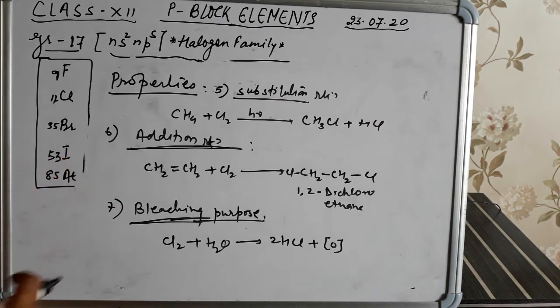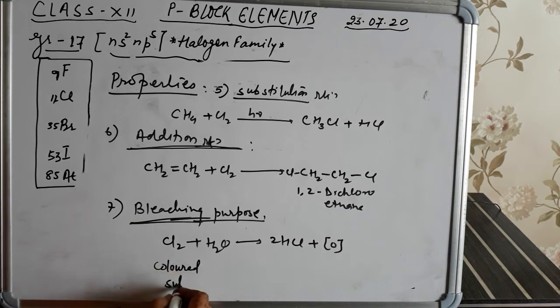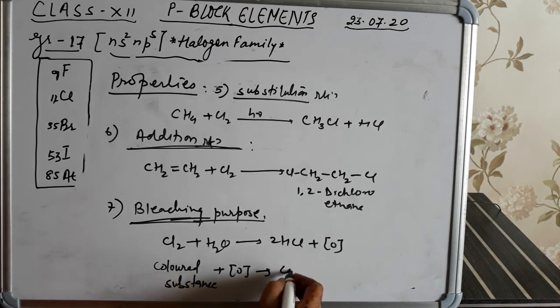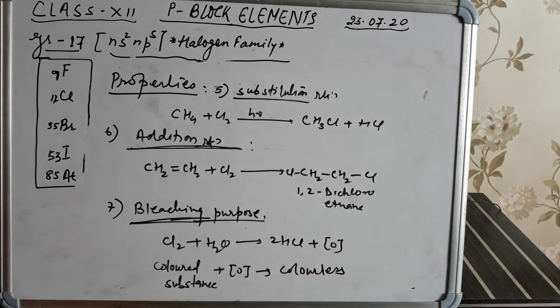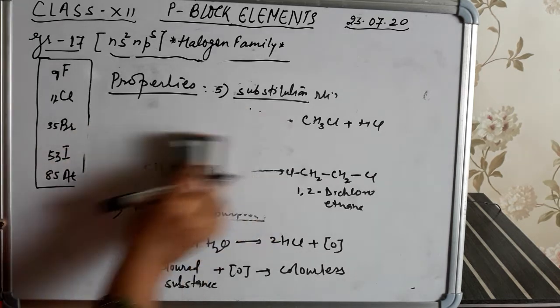When a colored substance is treated with this nascent oxygen, it becomes colorless. So in this way you can explain the bleaching action of chlorine also.